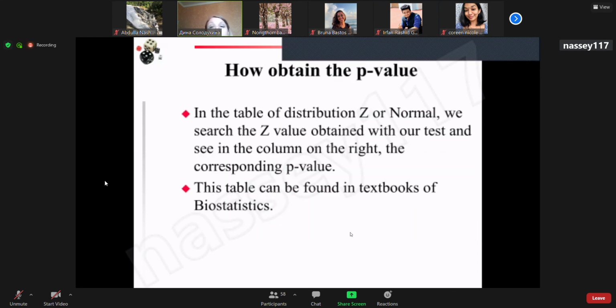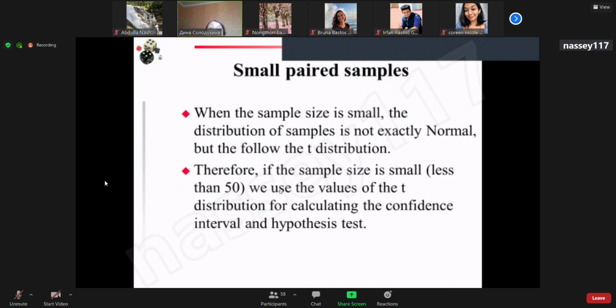Well, how do we obtain p-values? We use either tables, which are given in the textbooks of biostatistics, or we search for the value obtained for the test in the columns. For small paired samples, when the sample size is small, the distribution of samples is not exactly normal. We use the t-distribution, and usually it's a small data set.